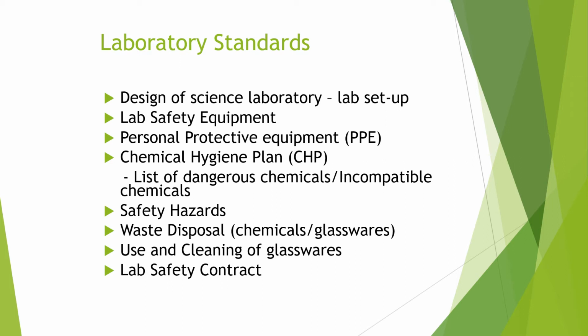Just put it in a tray and put a label on it, and make sure that you mark and label each chemical that you are placing inside the jar. Use and cleaning of glasswares is very important, of course, to avoid contamination.